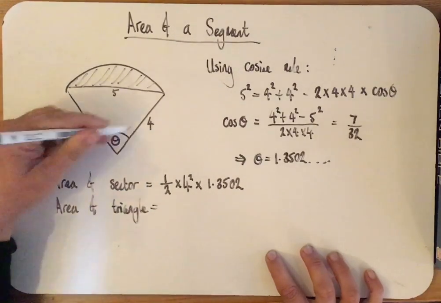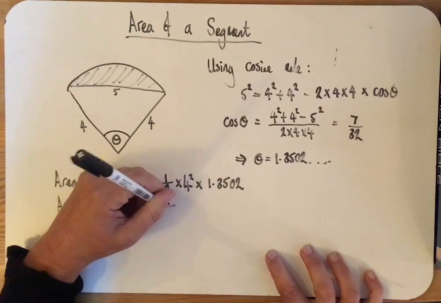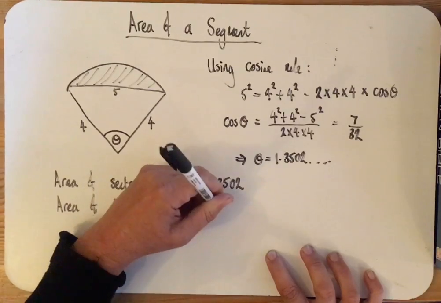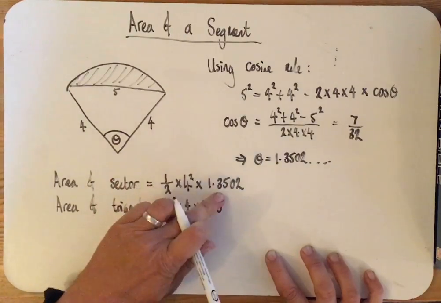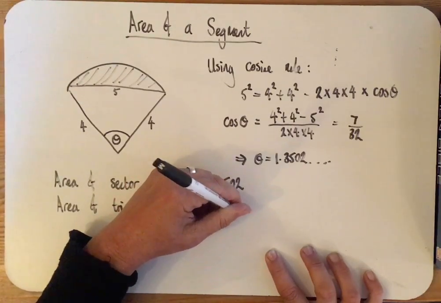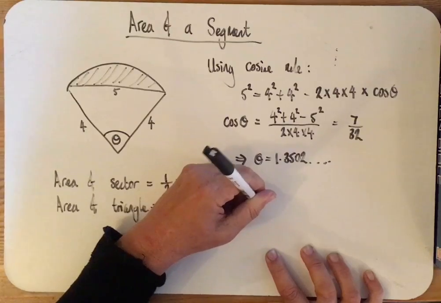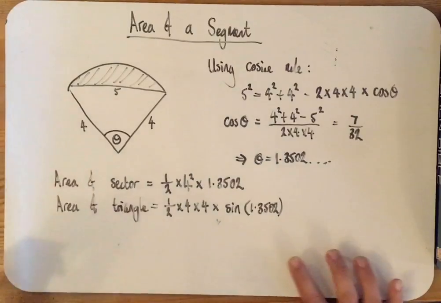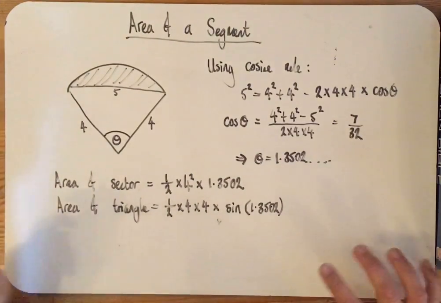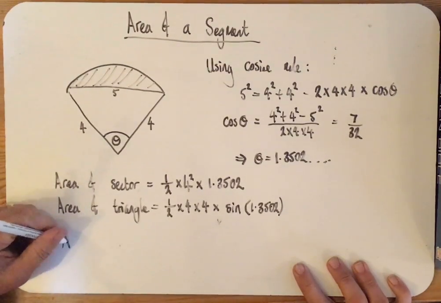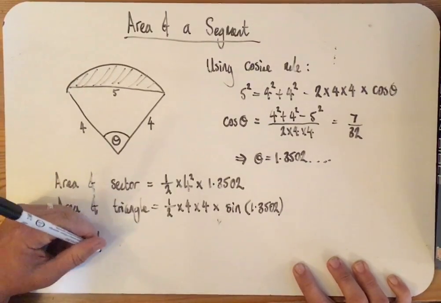And we've got two sides and the included angle, so that's a half ab sine of the included angle. And the included angle is 1.3502. So you could pull out a half times 4 squared as a factor of both if you want to, to turn it into a formula, but you don't need to.